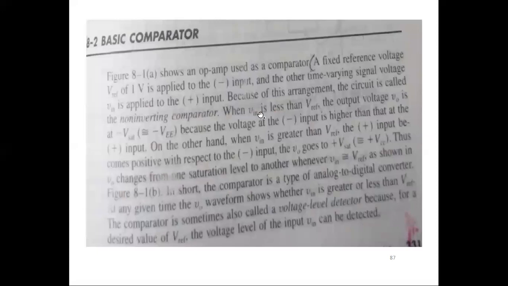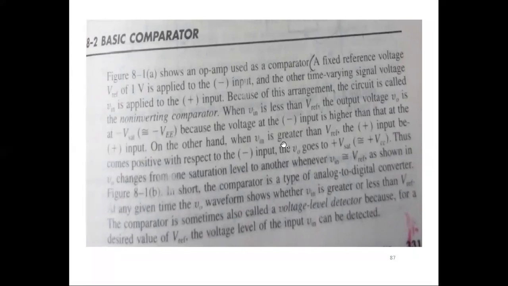So that is what is specified here. We have a fixed reference voltage of 1 volt at the minus terminal, and the time varying voltage V in at the plus terminal. Whenever V in is less than V reference, we'll have at the output the negative value, minus VSAT, a little less than minus VEE, because the voltage at the negative input is higher than at the positive input.